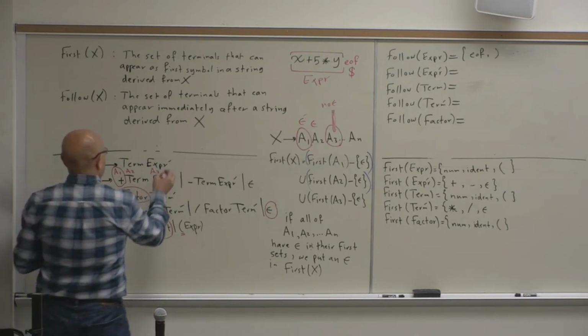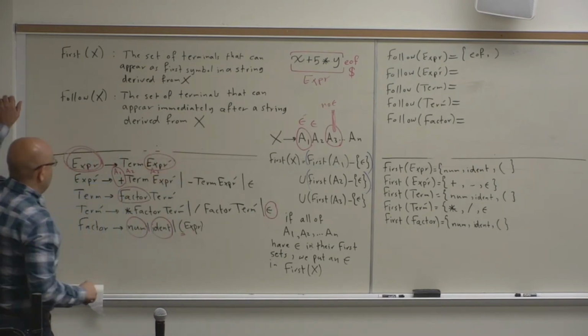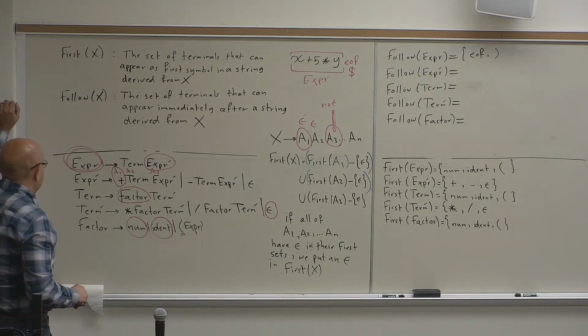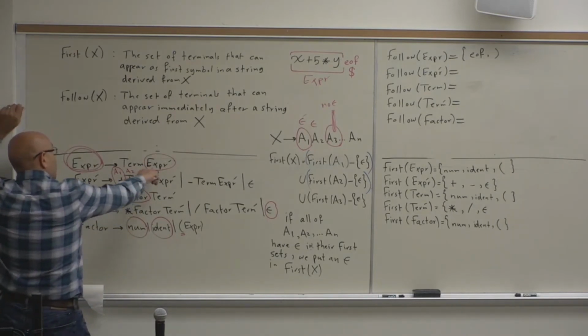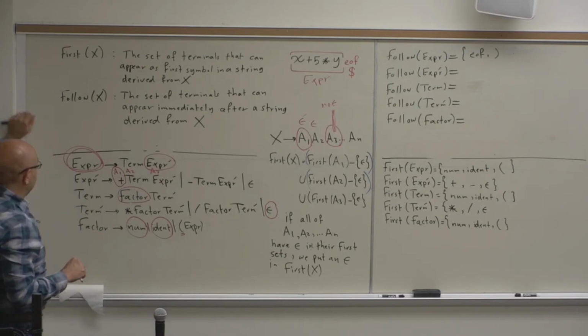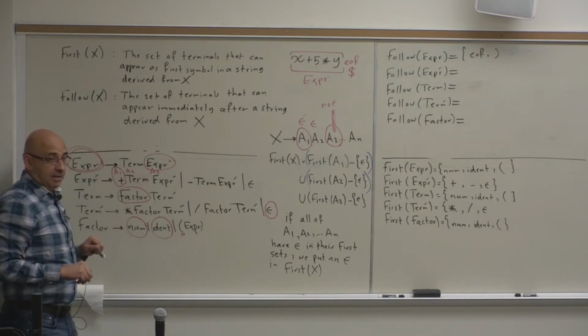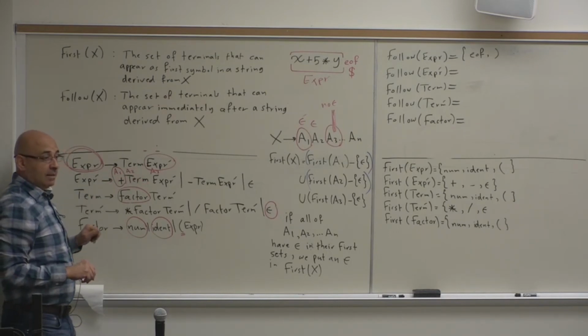Now what comes after this? Here we don't see anything after it, but this rule tells us that expression prime can be the last piece of an expression. And what does that tell us about what comes after expression prime?